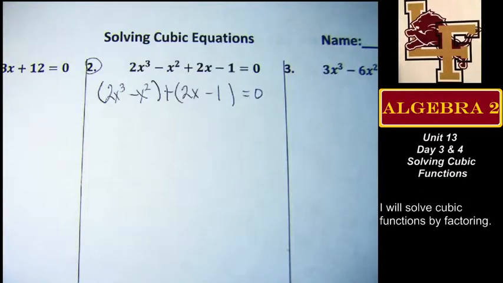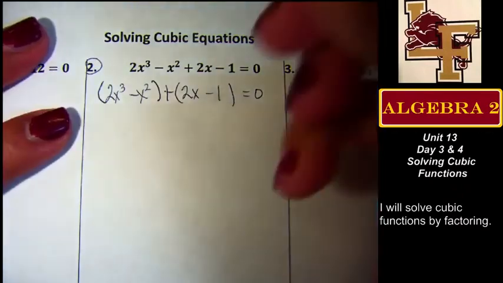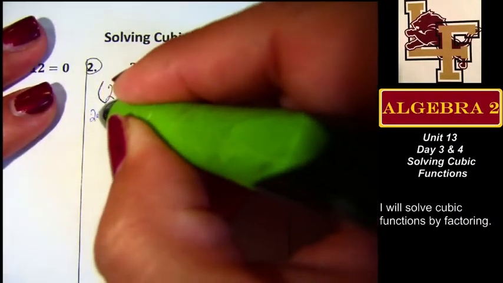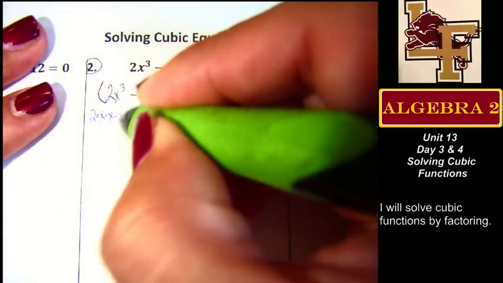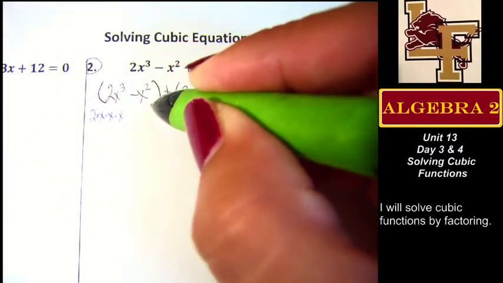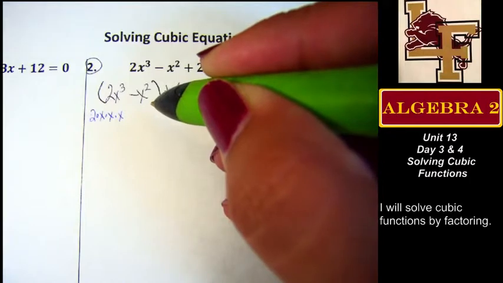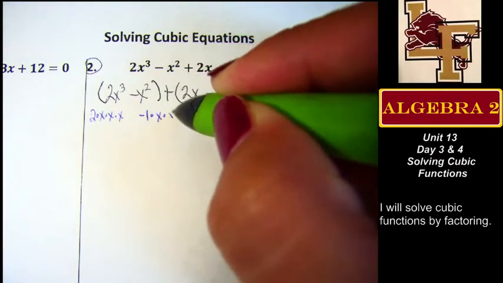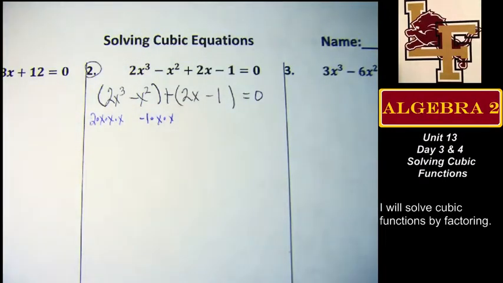All right, now that I have this, I'm going to factor by the greatest common factor. So I am going to write down the factors of each one of these things. This is 2 times x times x times x. Now this one, I want to handle that negative by adding in a factor of -1. So I'm going to turn that negative into a -1 as a factor.